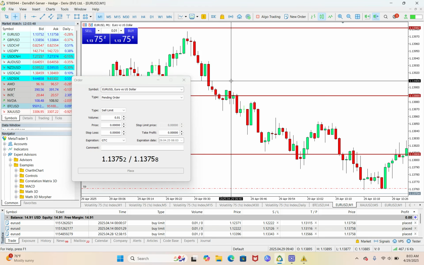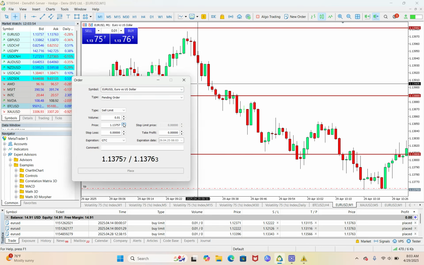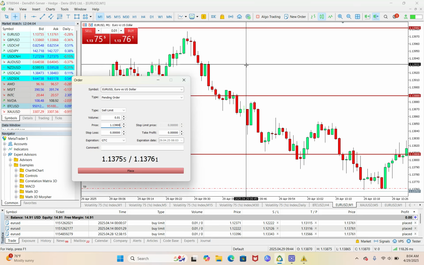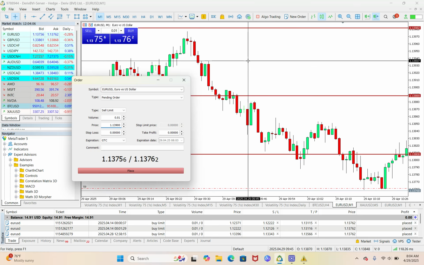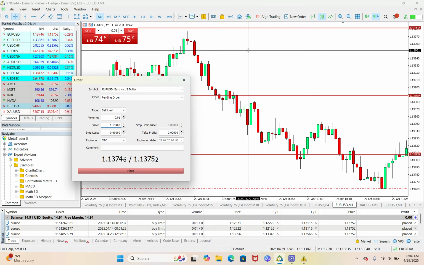Our price is going to be 1.13900. Stop loss. Going to put our stop loss probably right above this here, which is 1.13951.